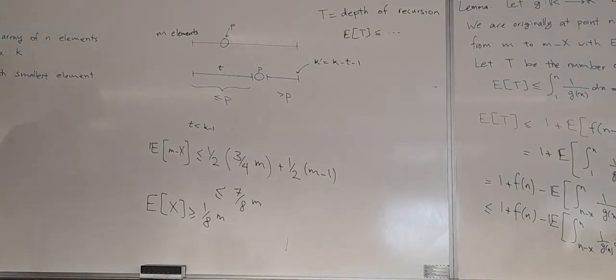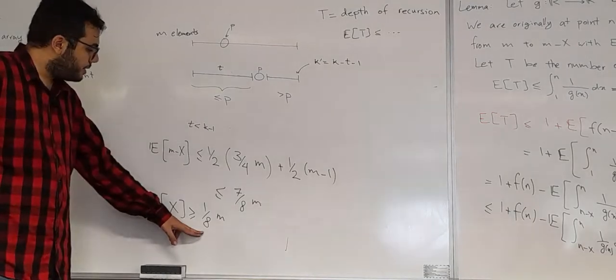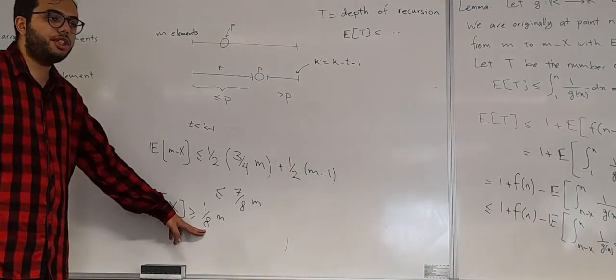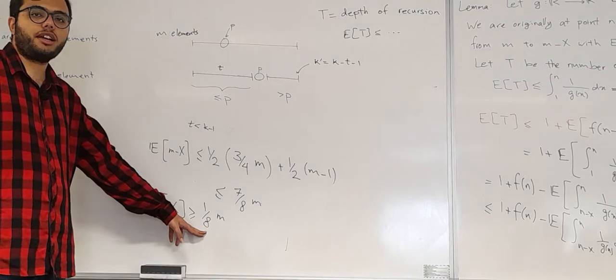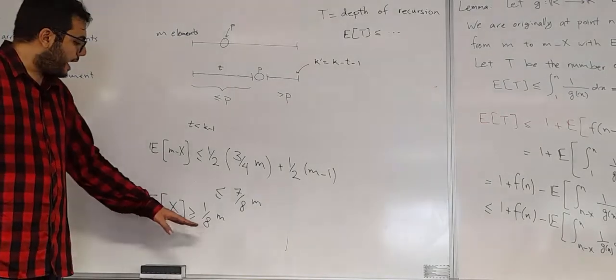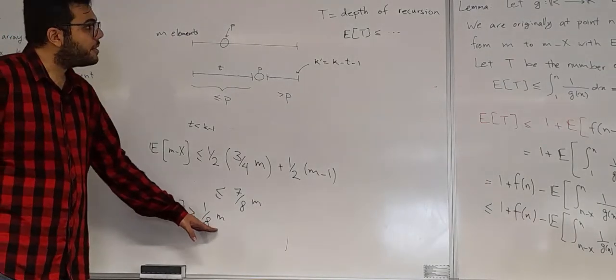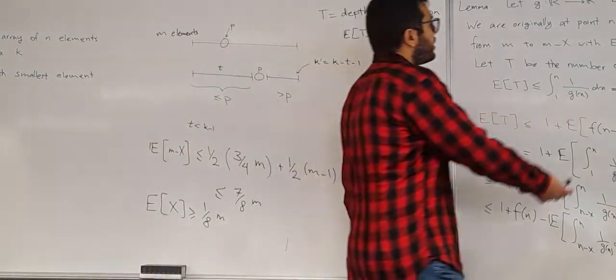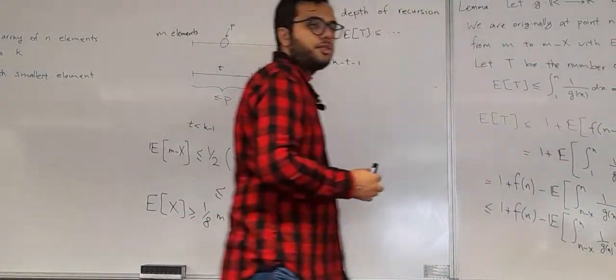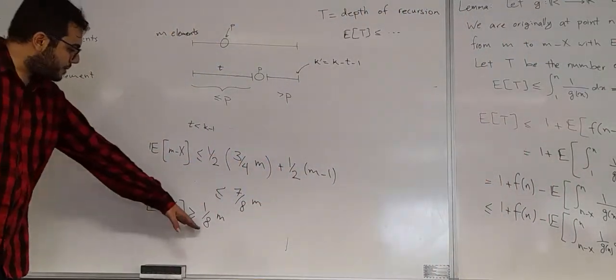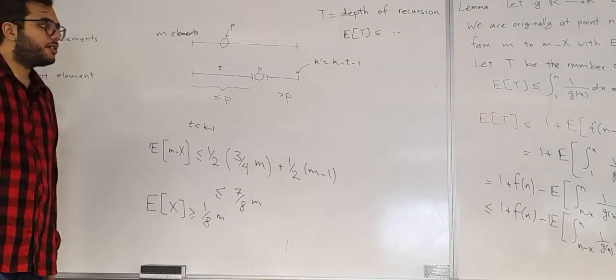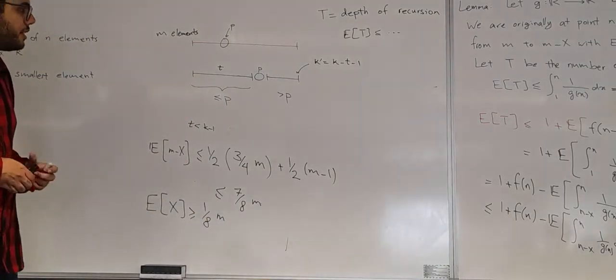But anyway, what I really care about is this function. This is my function g, which shows how much decrease I have in the size of my instance. And this is 1/8 times m. You can also check that, of course, it's non-decreasing: 1/8 of m gets larger as m gets larger. So I have all the conditions there.